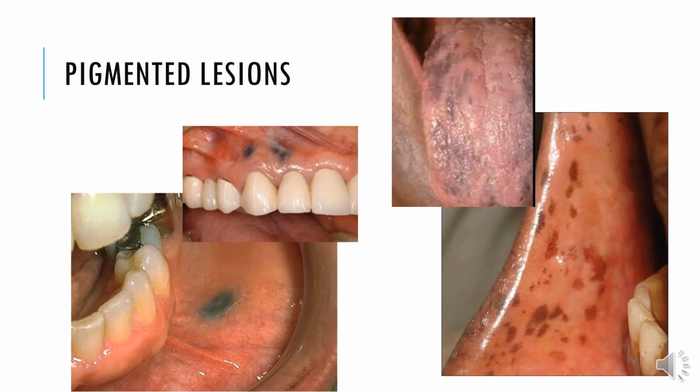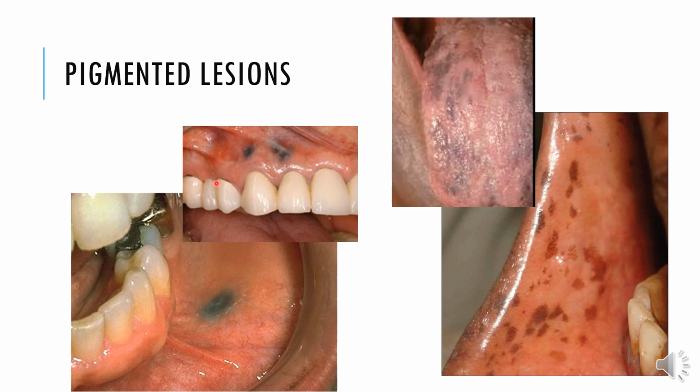Pigmented lesions. Again we have a few diseases which you need to remember, and it would revolve around that more or less. So if you're looking at images here, which is a pigmented grayish blue area associated with amalgam, then the question of amalgam tattoo should arise. Whereas in this case, you can't really see amalgam.